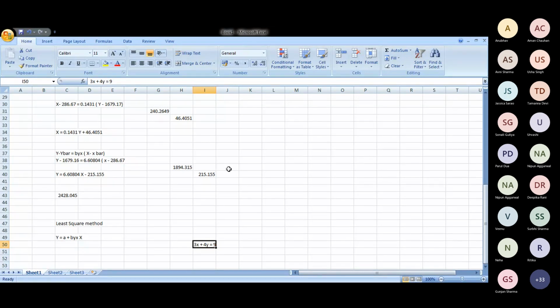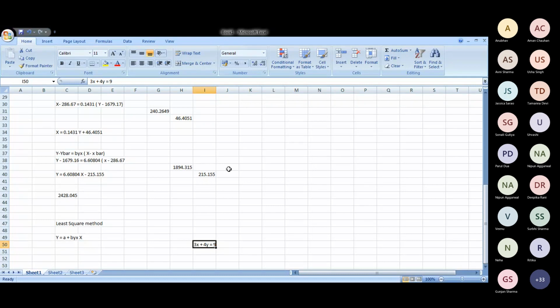This is a linear equation in two variables x and y, and we want to find the values of x and y. We cannot solve this from a single equation, so we require a minimum of two equations.